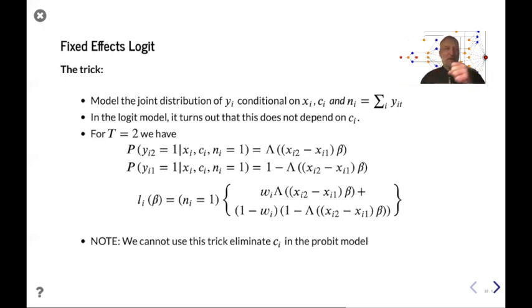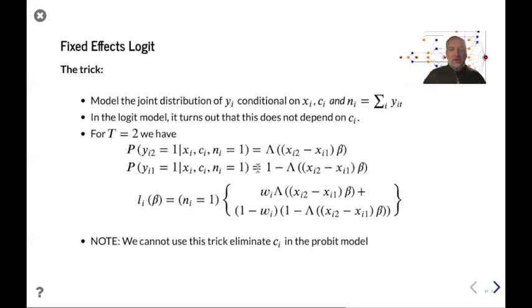If you take the exponential of x1 times the exponential of x2, that's the exponential of x1 plus x2. This is why you suddenly get that linearity, and through that linearity you can remove ci. That's a very cool insight.